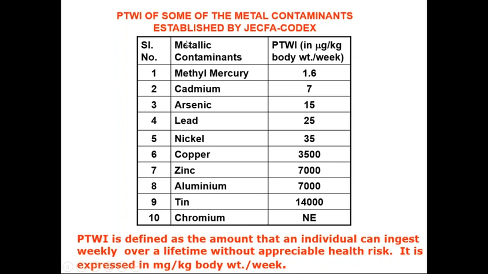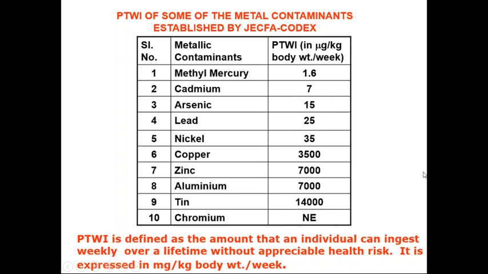So if you look at the toxicity of the metals, if you look at methyl mercury, it is 1.6 micrograms per kilogram, very toxic. Then you have cadmium, which is 7, followed by arsenic, lead, nickel, and these are at much higher concentrations.